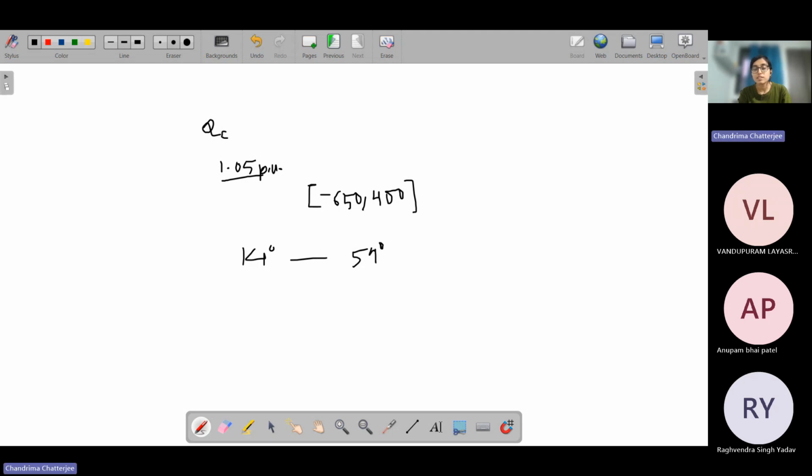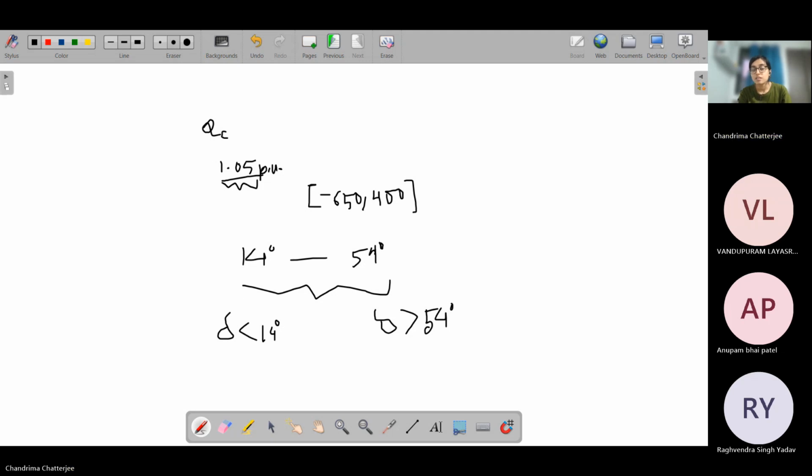So when the delta value is within this range, we can ensure that the voltage at the midpoint will not exceed 1.05 per unit. But when delta is less than 14 degree, or greater than 54 degree, we can't ensure that the midpoint voltage will remain at 1.05 per unit.